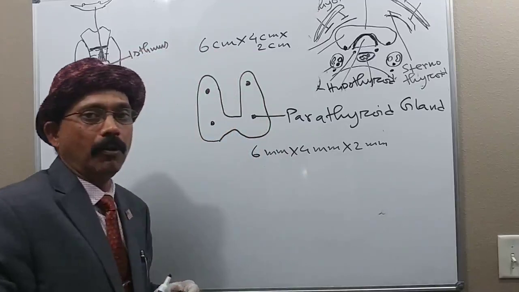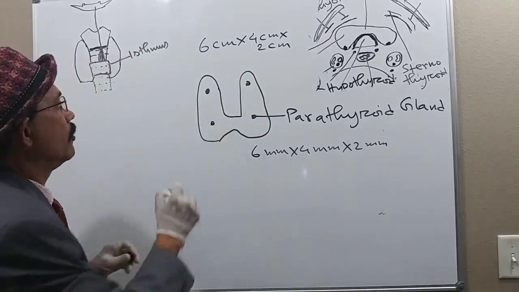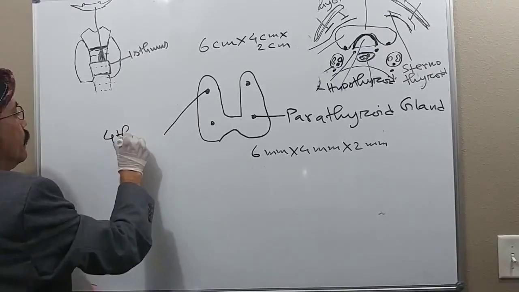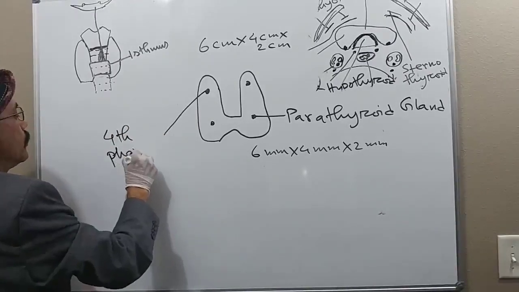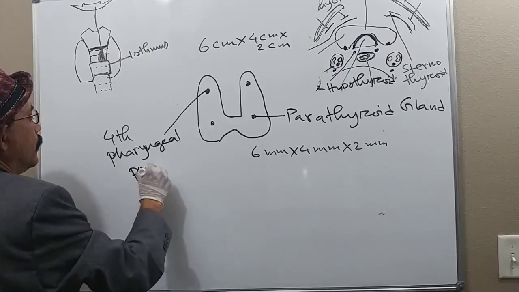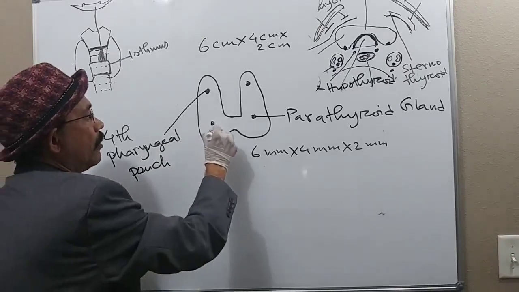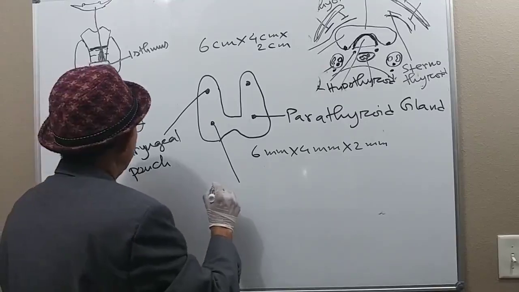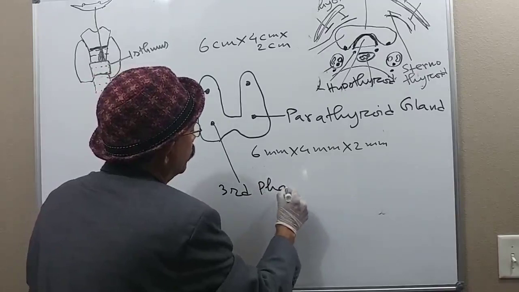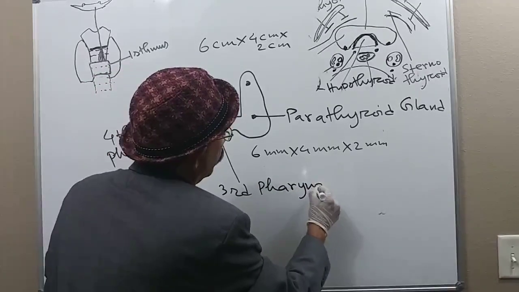Developmentally, the superior parathyroid glands are derived from the 4th pharyngeal pouch. The inferior parathyroid glands are derived from the 3rd pharyngeal pouch.